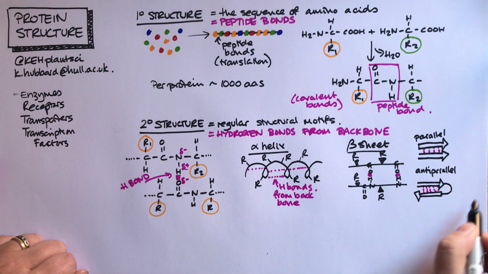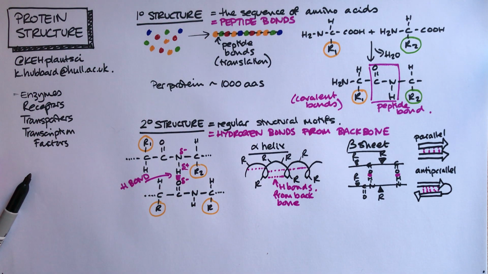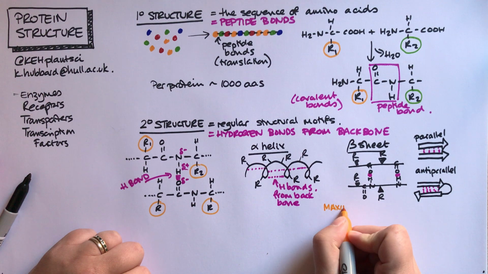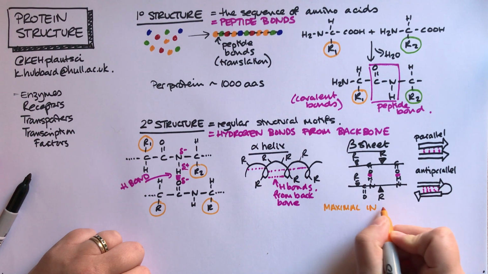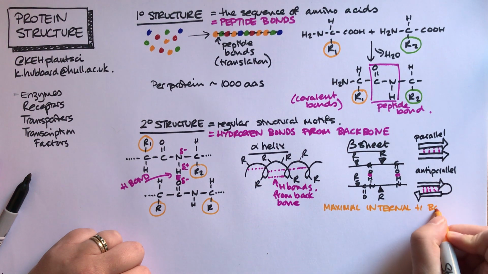So this is where we're starting to get higher order structures in the protein with these sheets. You might be asking, why do we only ever see alpha helixes and beta sheets? The reason that we only see these is because they have maximal internal hydrogen bonding.